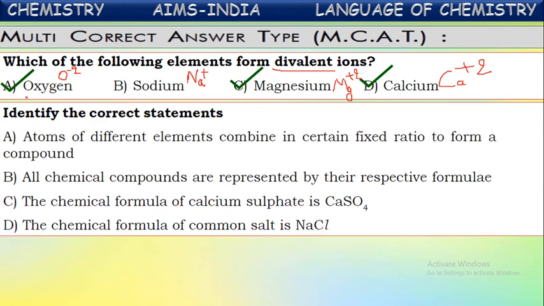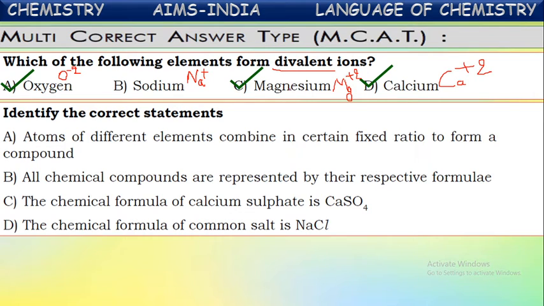See the next question. Identify the correct statements. Read the statements once. Atoms of different elements combine in a certain fixed ratio to form a compound. Isn't it? Yes. Atoms will always combine in a fixed ratio to form a compound.